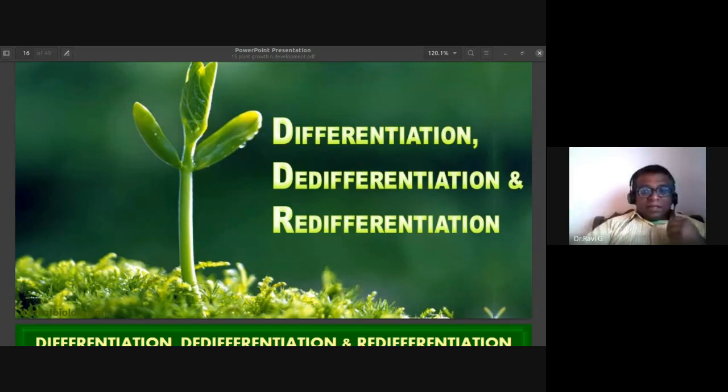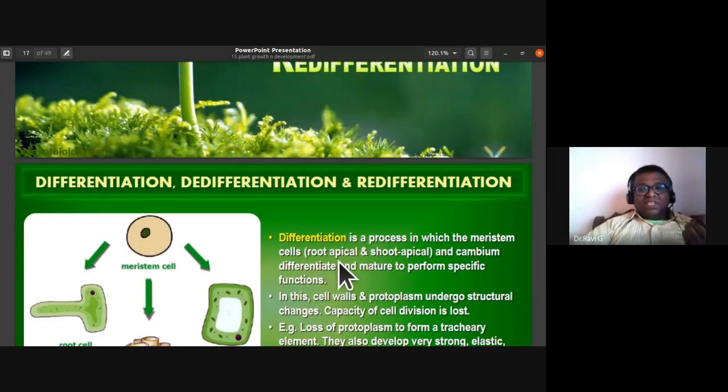Okay, so I think we will proceed with the topic of differentiation, de-differentiation, and redifferentiation. Differentiation is a process in which the meristematic cells differentiate and mature to perform specific functions.